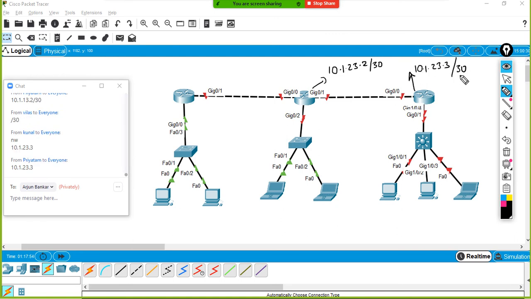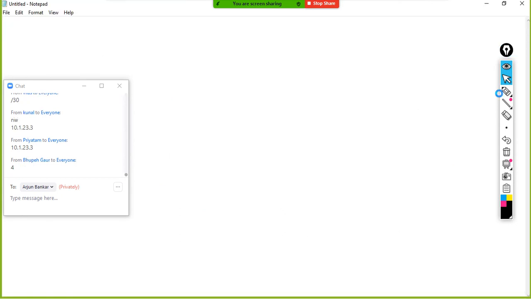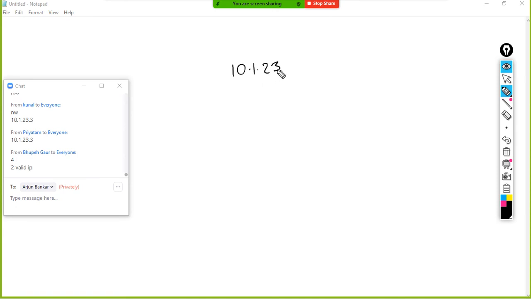Again, you need to give /30, right? But /30 means how many IP addresses are you going to get in this network? Understand this, don't get confused. 10.1.23.0/30. This is what we are going to use.